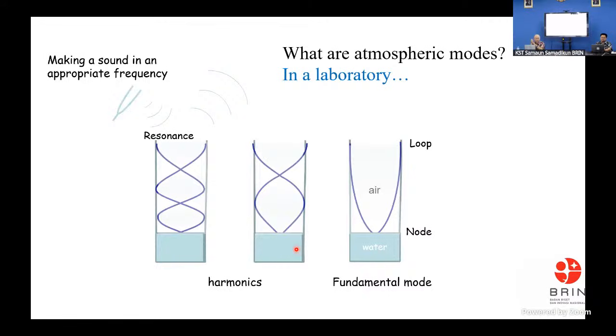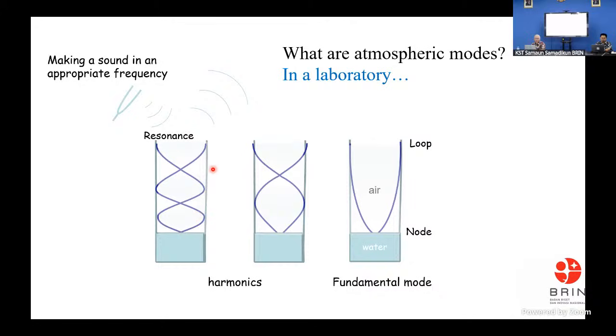So I'm going to talk about atmospheric modes. A mode is a certain wave that has some fixed frequency or fixed period. In a laboratory, you can do this.